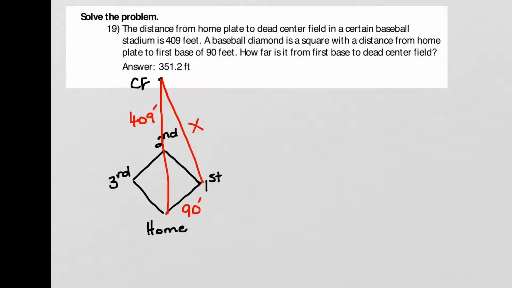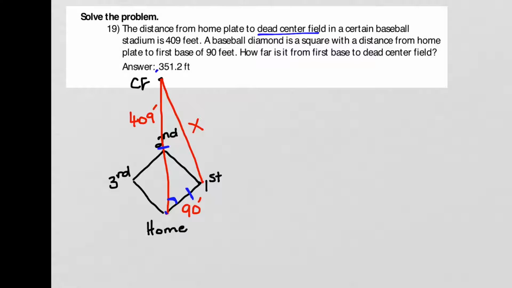So what do I know about this triangle first of all? I have this side, and I also know what this angle is. How do I know that? Since home is going straight out to center field, because it did say dead center field, what we mean by that is it's straight out from the home plate through second base.